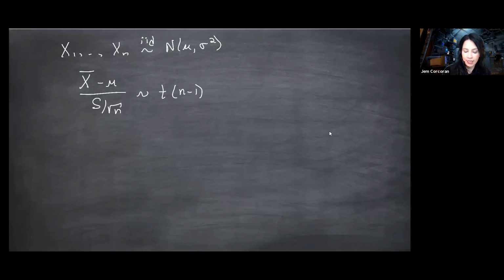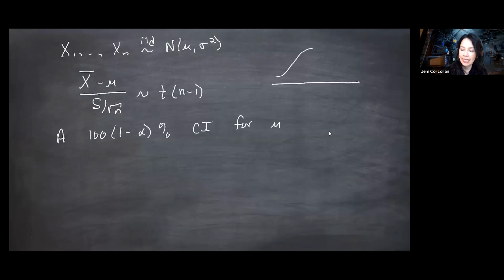And so if we want a 100 times 1 minus alpha percent confidence interval for mu, we can put this thing between two t critical values. So this bell is a t n minus 1 PDF. And we need to come up with names for these.